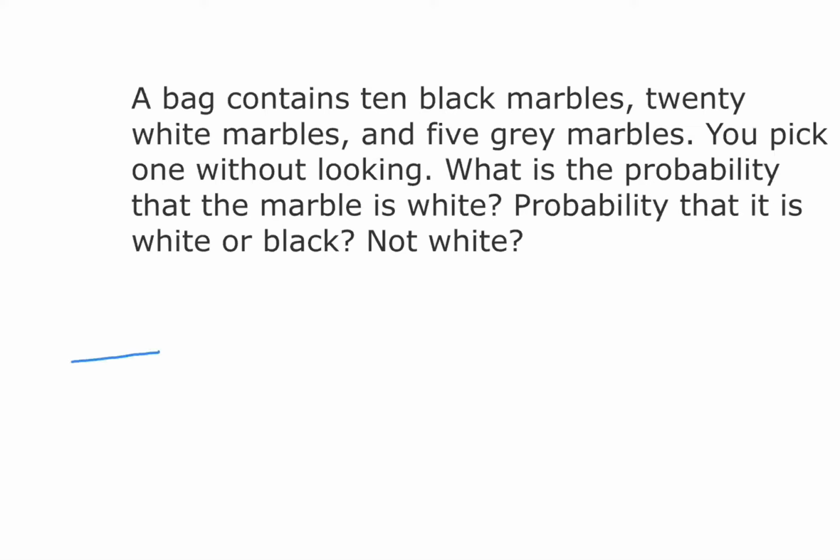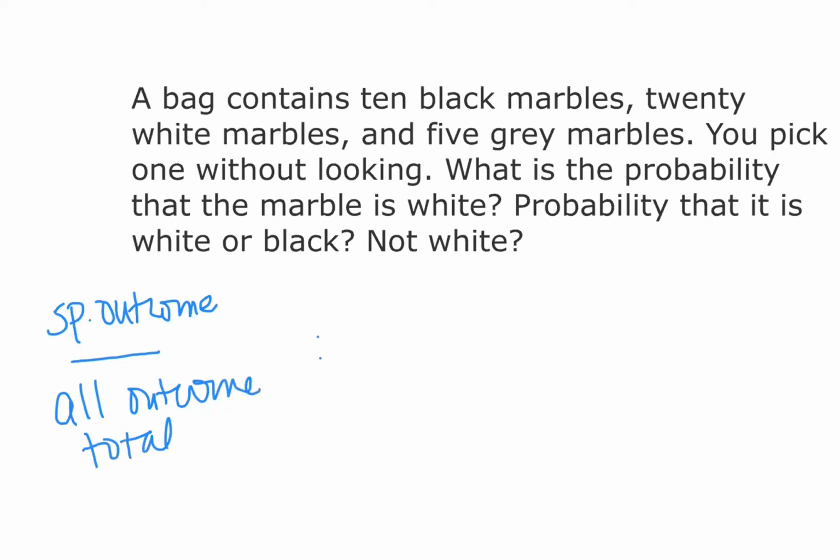It could be written as a fraction or as a ratio. But the fraction will have a specific outcome out of all outcomes, or another way of looking at it, out of total. Okay? Basically, that's how we write it.